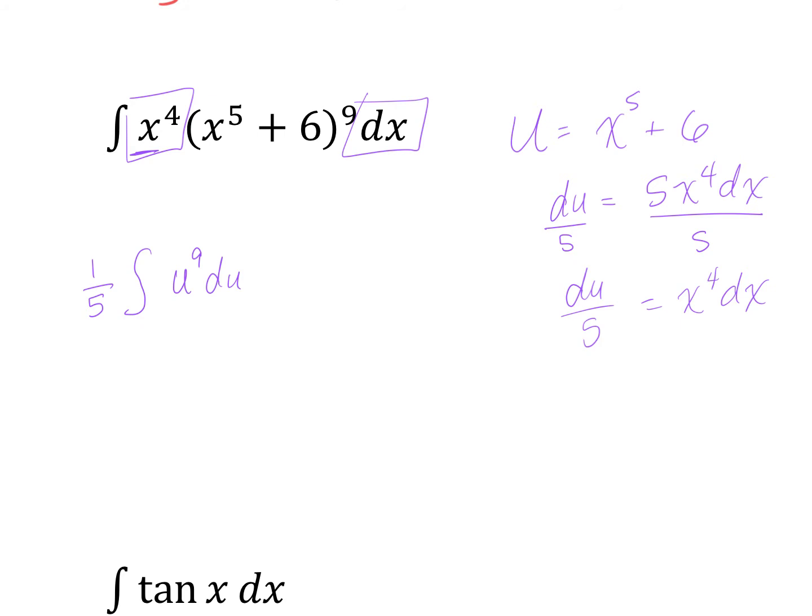How do I integrate u to the 9th? 1/10 u to the 10th. So what will we write this as? 1/50 times x to the 5th plus 6 to the 10th plus c.